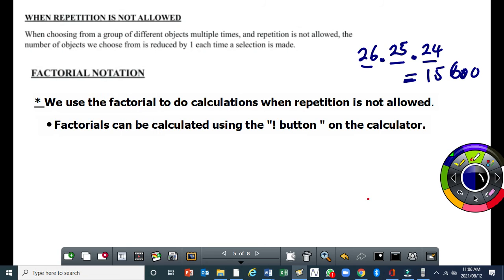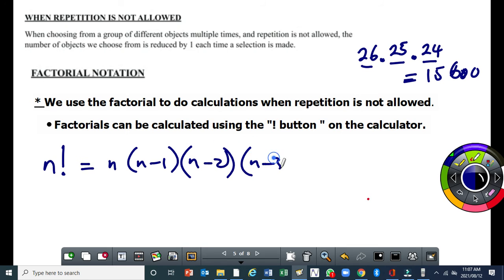So, for the first case, for the factorial, n factorial is the same as n times n minus 1 times n minus 2 times n minus 3 up to, in this case, 2 times 1. That's what n factorial means.